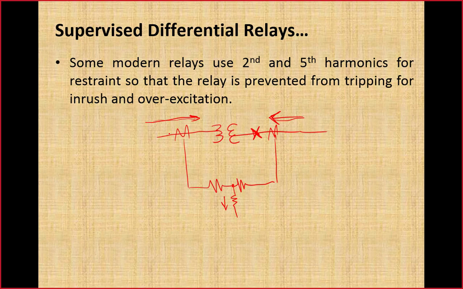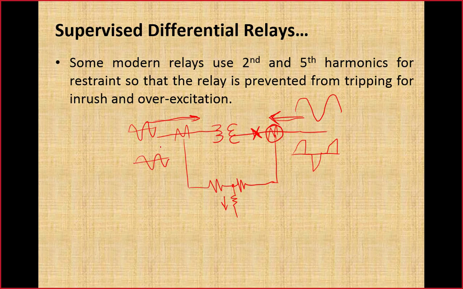CTs. So if this CT gets saturated, then the primary current is pure sinusoidal, but the secondary current over here will be deformed like this. Okay, it has harmonic components. And here, due to proper operation, this is the primary current on this side, and the CT secondary current will also be sinusoidal.